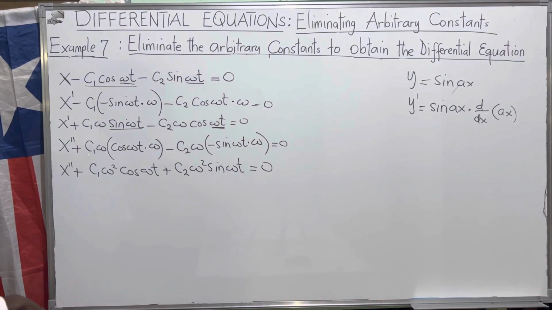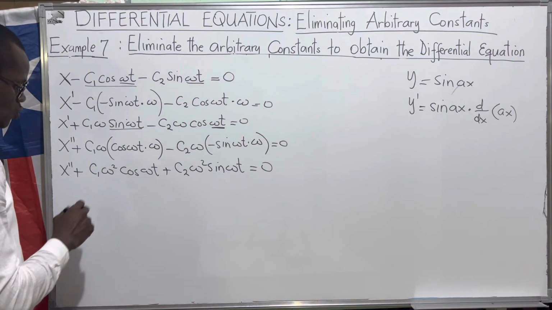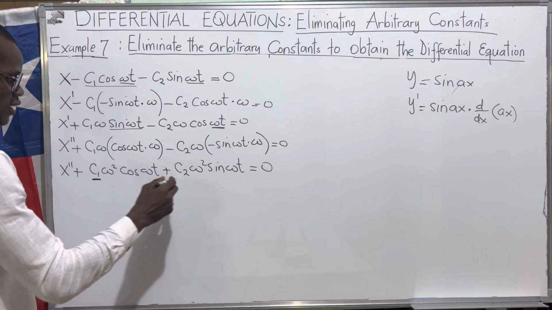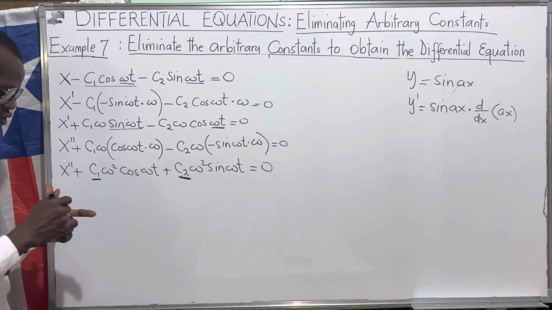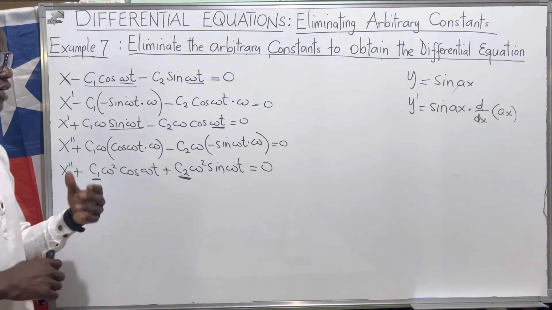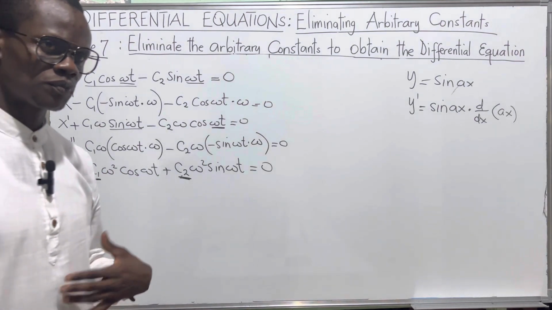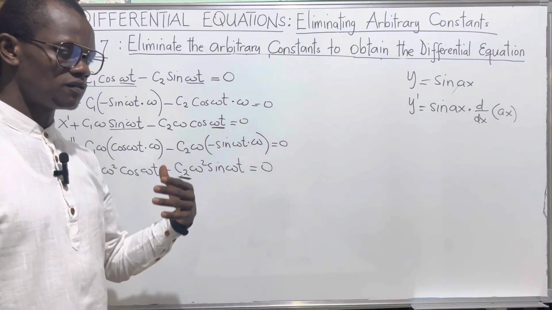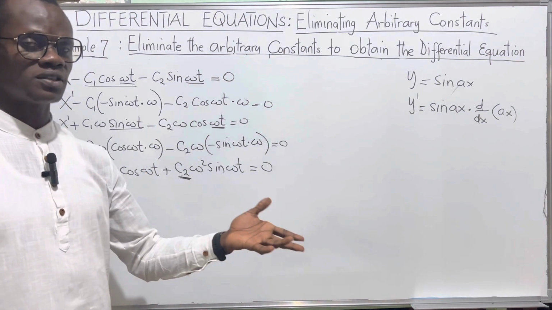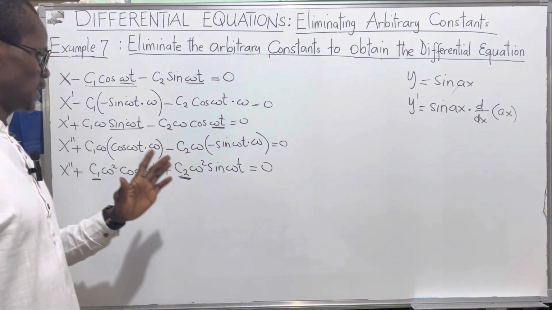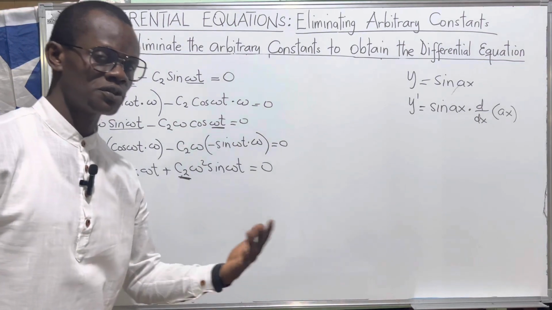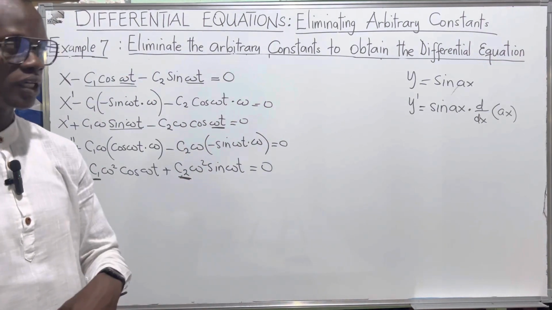Now, our concern here is to solve for c1 and c2. What do you observe? In the previous problems we were doing, when we differentiated the first time, at times one of the arbitrary constants would disappear, and when we differentiated for the second time, sometimes it disappeared totally.